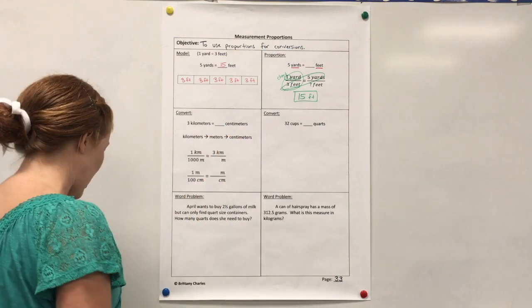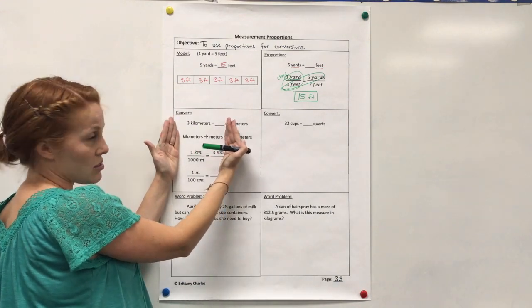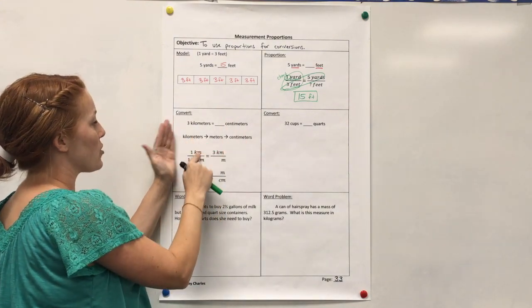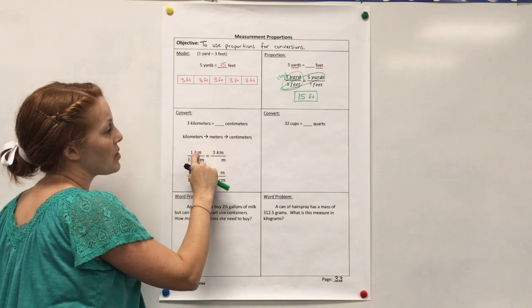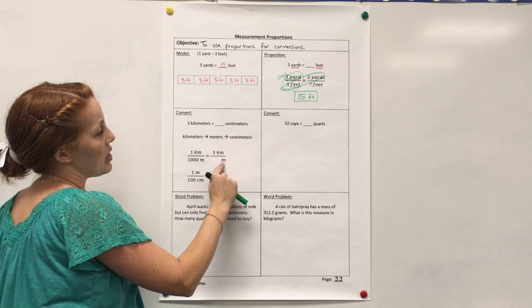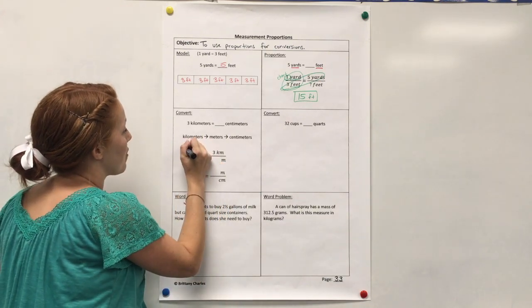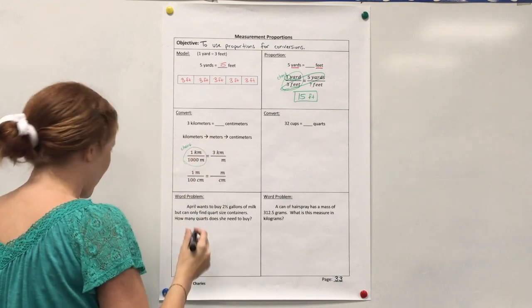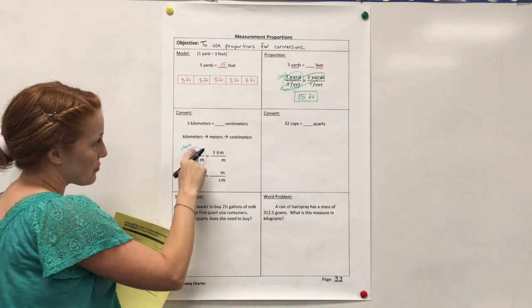So the first thing I need to do is make a proportion with just the first 2 units. I did kilometers to meters, and since kilometers is on top, I put kilometers here and meters below. Again, this right here came straight off my chart. I looked on my chart and it said that 1 kilometer was 1,000 meters.